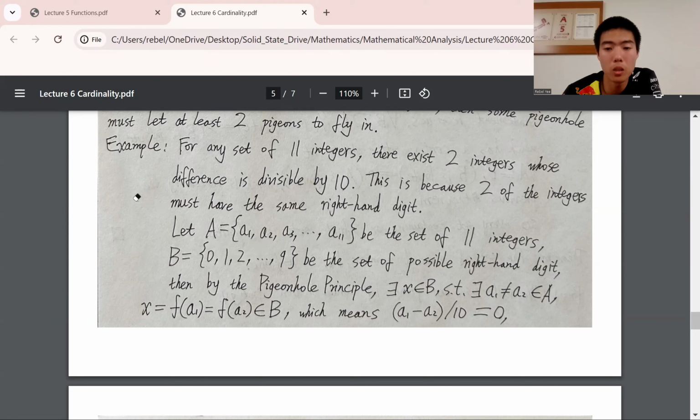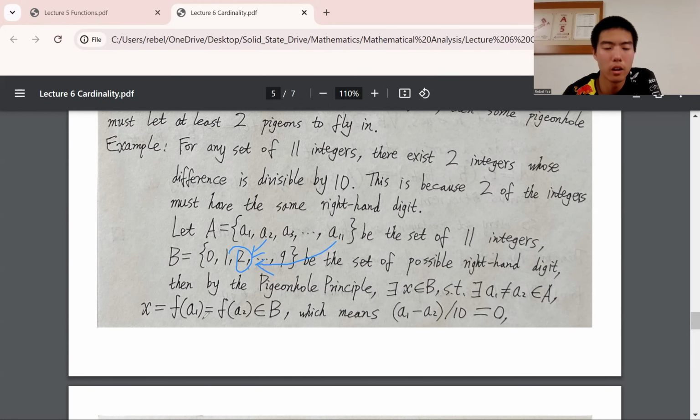By the pigeonhole principle, B is the set of pigeonholes and A is the set of pigeons, and A has greater cardinality than B. So there exists an element in B which has two elements in A mapped by the function f to the same image in B. For example, a2 and a11 go to 2.